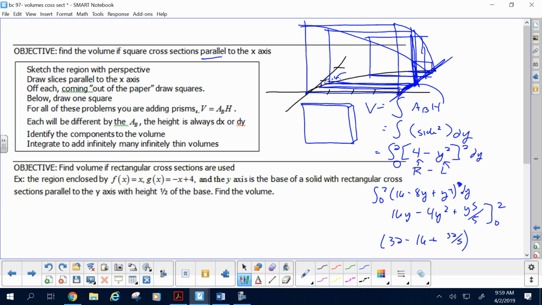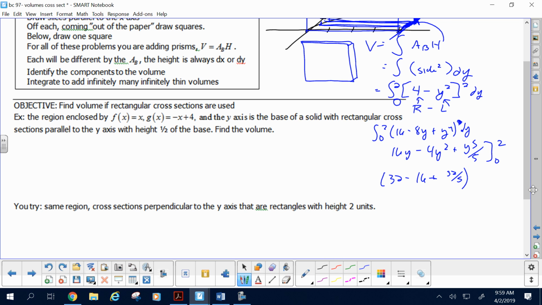So what did we get there? 16/5, what, 48 fifths? What'd you get? 17. No, that's not 48 fifths. What did I do wrong? Okay, 17 point 0.66. Okay.